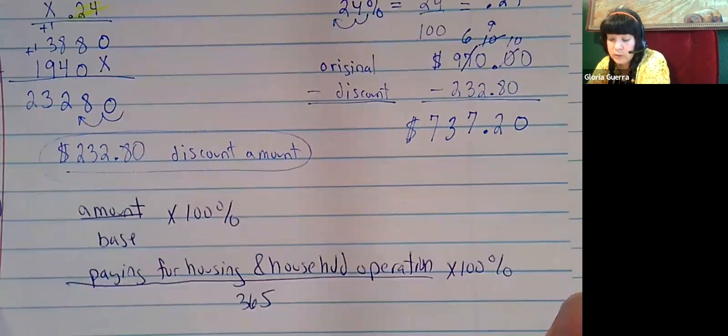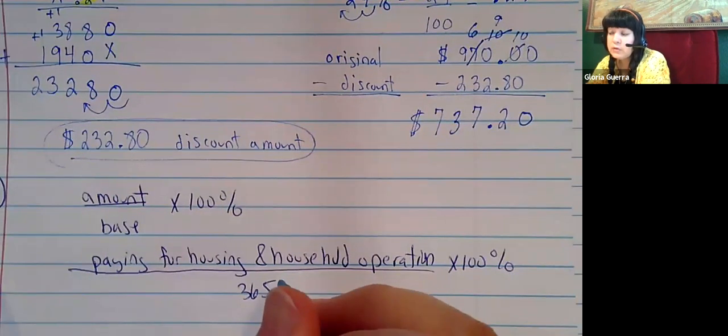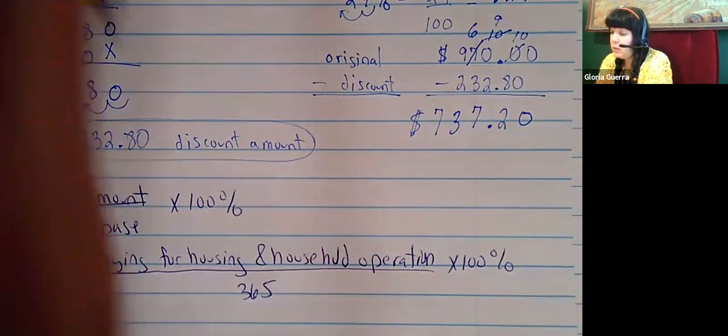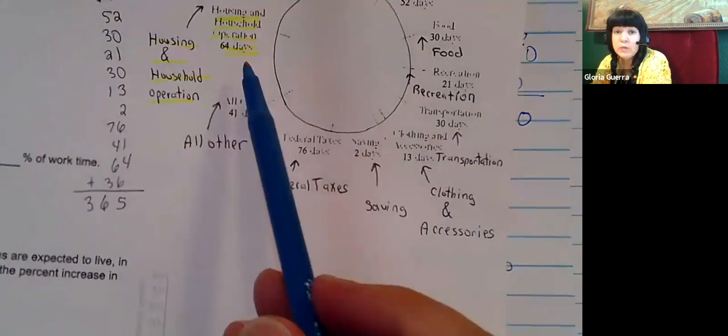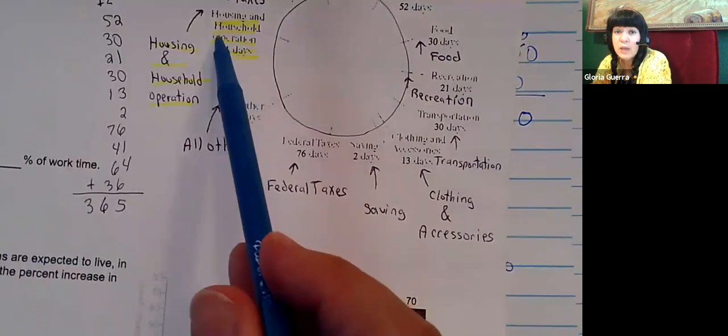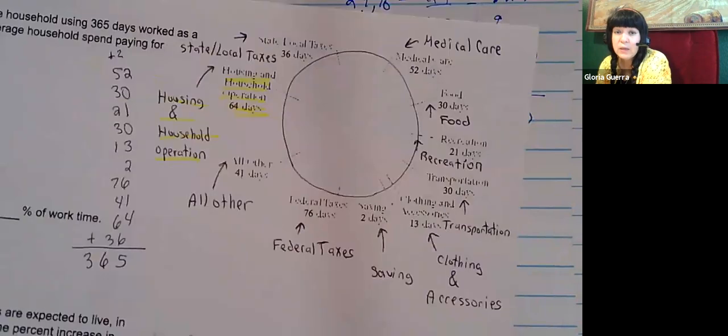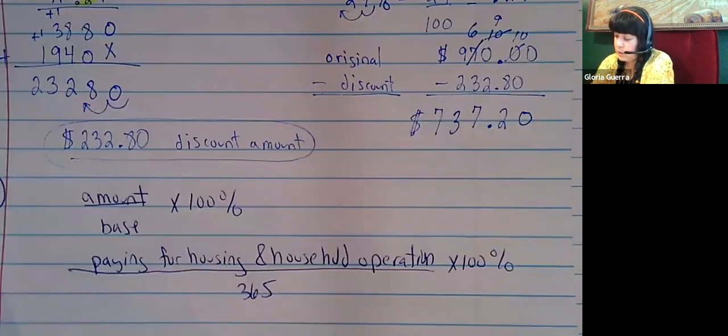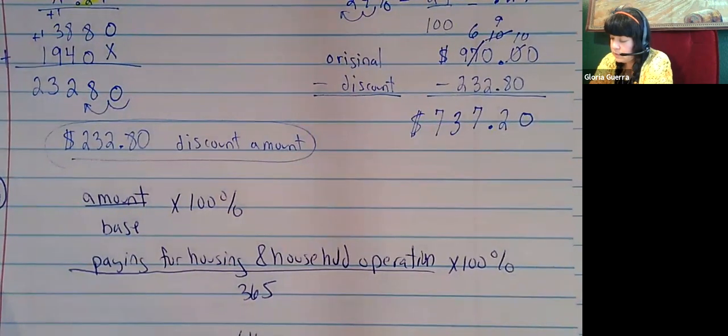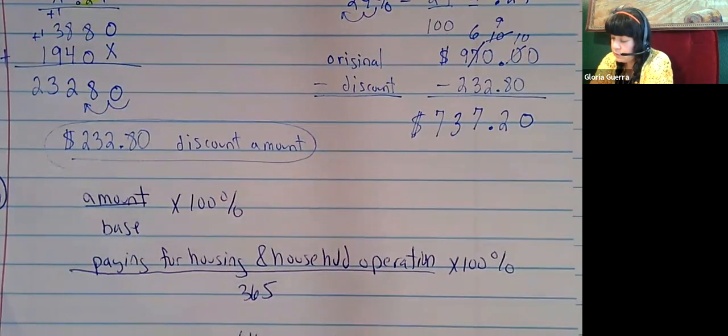And you saw me looking at the number for this particular problem, the amount for this subject, and it was 64 days. So then I would write 64 over 365 times 100%.